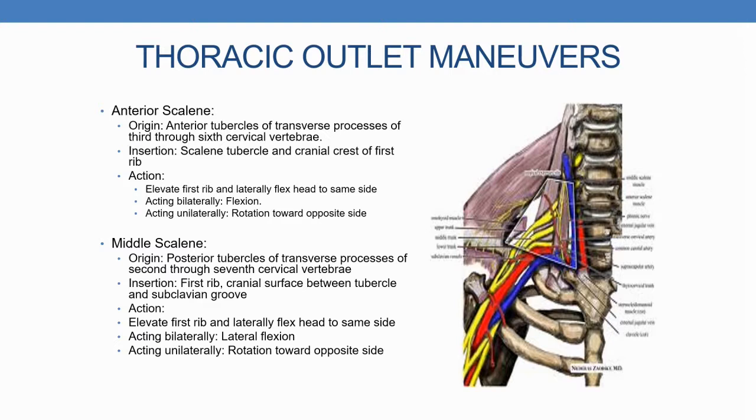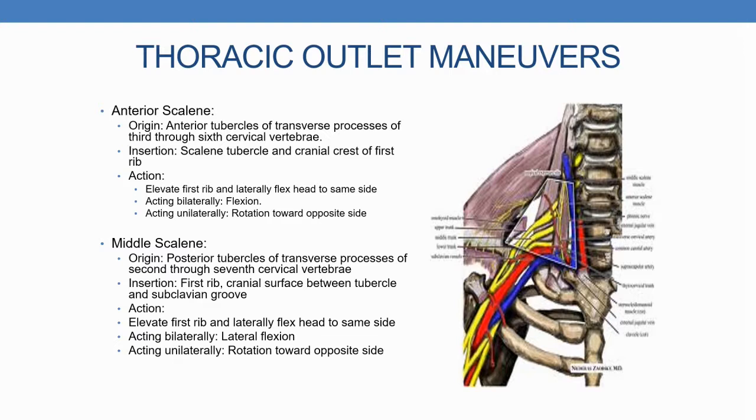The middle scalene inserts on the first rib, on the cranial surface between the tubercle and the subclavian groove, and so the middle scalene attaches slightly posterior to the insertion of the anterior scalene. Okay, so sort of a continuum along the length of the first rib. First we have the insertion of the anterior scalene, and then we have the middle scalene.